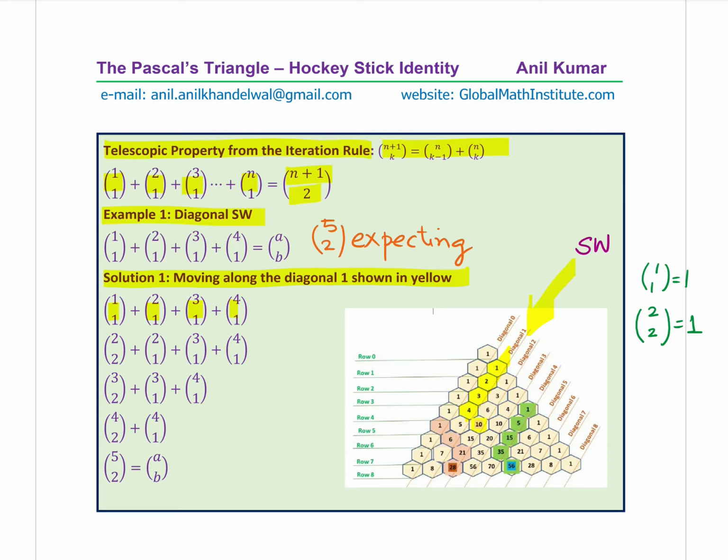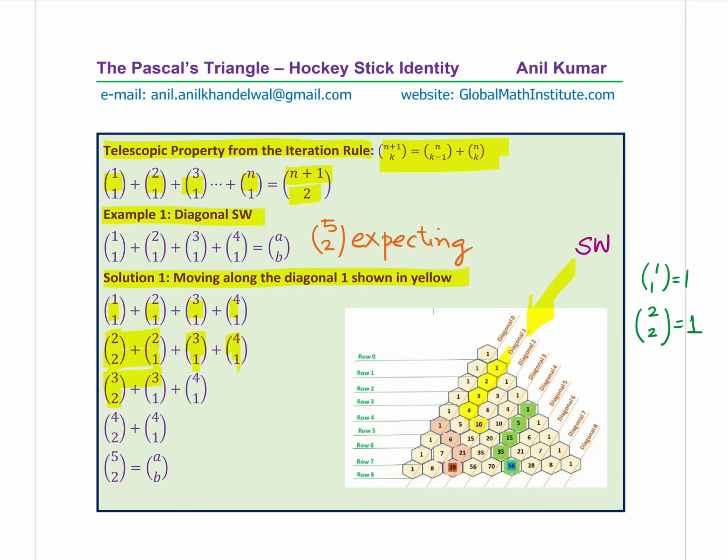So we replaced 1C1 with 2C2, whose value is 1, and then we have just copied the other numbers. So when you combine 2C2 with 2C1, what do you get? Using this property, we get 3C2.